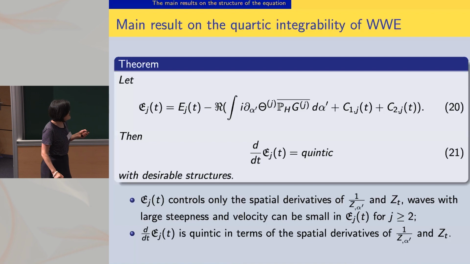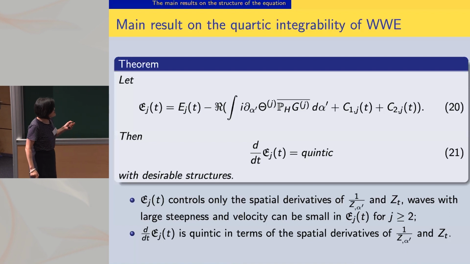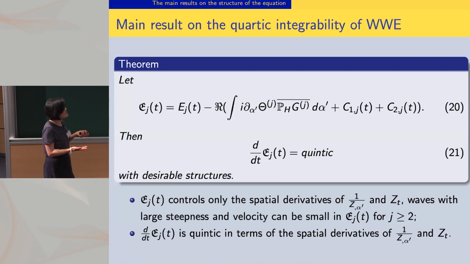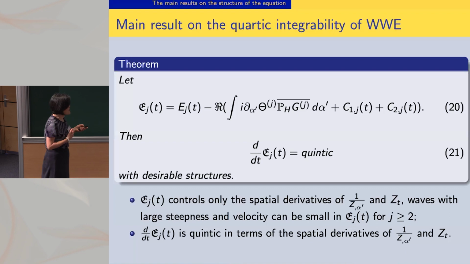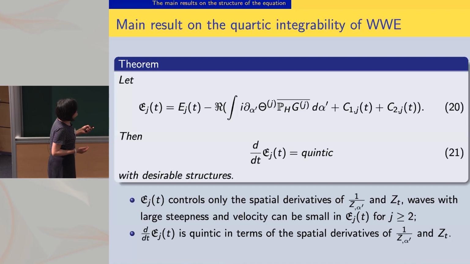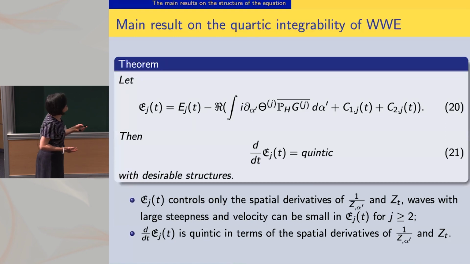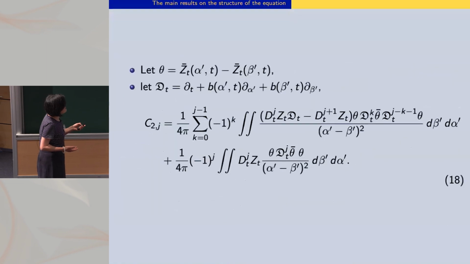By putting things symmetric, we also find that the left-hand side really allows us to see the structure of the water wave better than we used to. We find that this new energy function involves only spatial derivatives of these basic quantities, velocity and position.